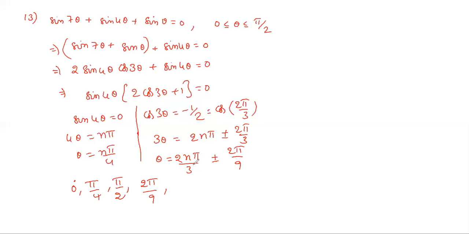Next, by putting n equals 1, 2 pi by 3 means 120, 120 minus 40, 80. 2 pi by 3 minus 2 pi by 9, what is this value? 6 pi minus 2 pi, 4 pi by 9. 4 pi by 9 means 80.